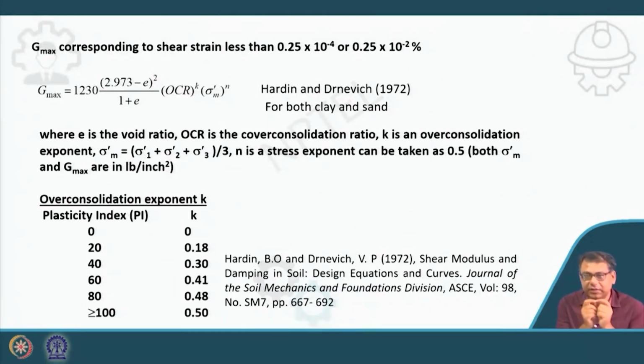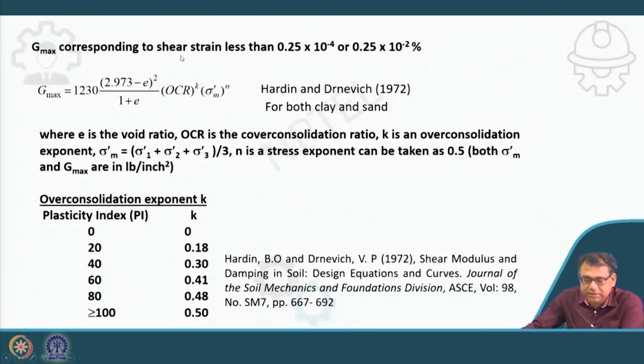If I take a tangent in the initial portion of the stress strain curve, I will get the Gmax value. In addition to that, by using empirical expressions, I can determine the Gmax value by using laboratory test data as well as field test data.